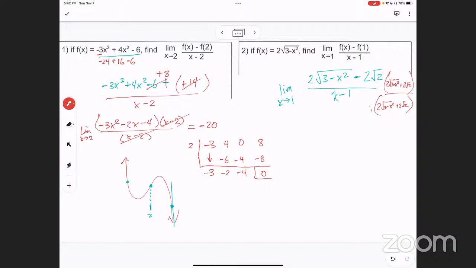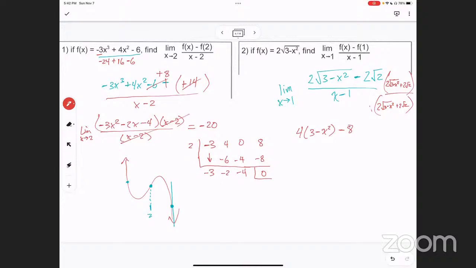So let's try that again. 4 times 3 minus x squared minus 8. Seems like we did that right.